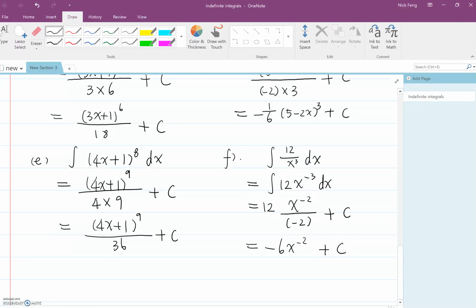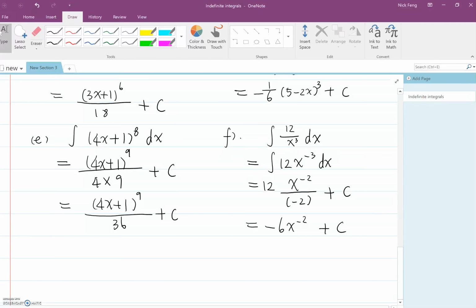Now, this could serve as a final answer. However, the question was given in fraction form, so I might as well give it back in fraction form. But both of them are correct. None of them is simpler than the other one, unless I specifically say to change it back into fraction. That's all.